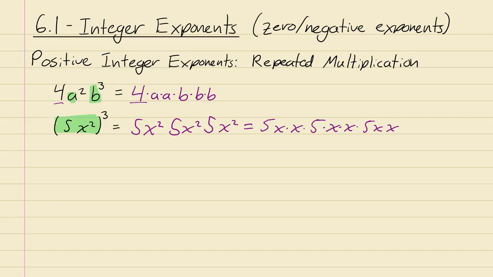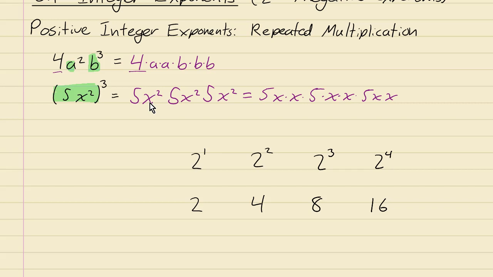What does it mean when you have a negative integer exponent? To figure out what negative integer exponents should mean, let's think about the positive integers first and see what the pattern is here, and we want that pattern to work with negative integers too.